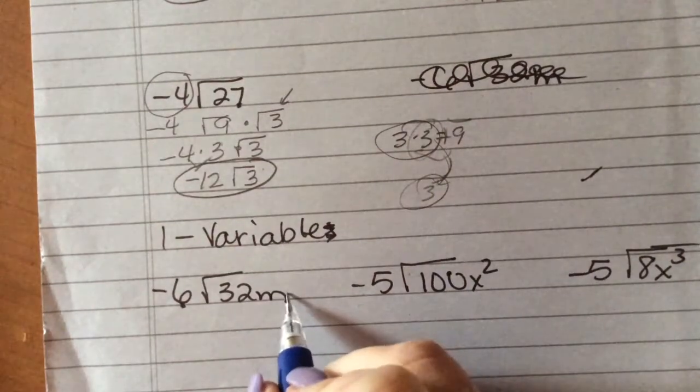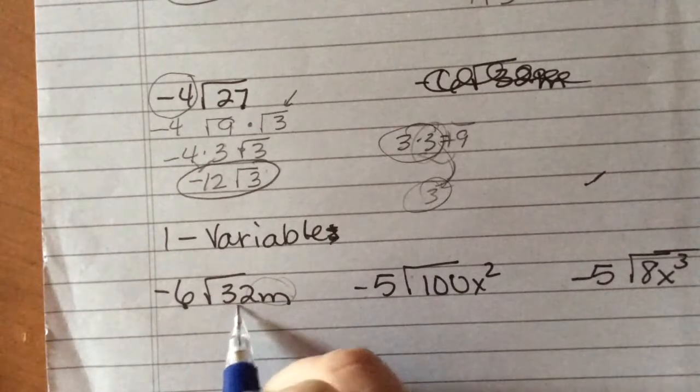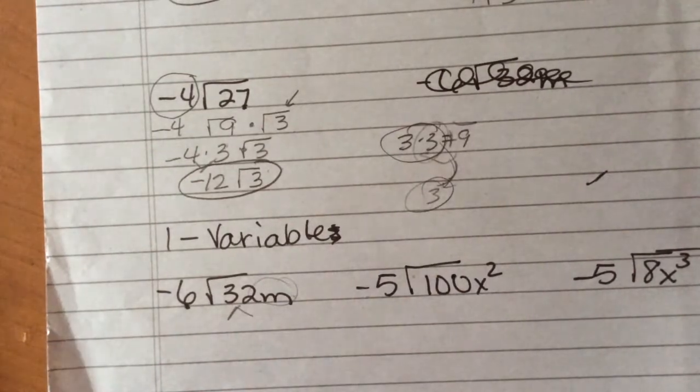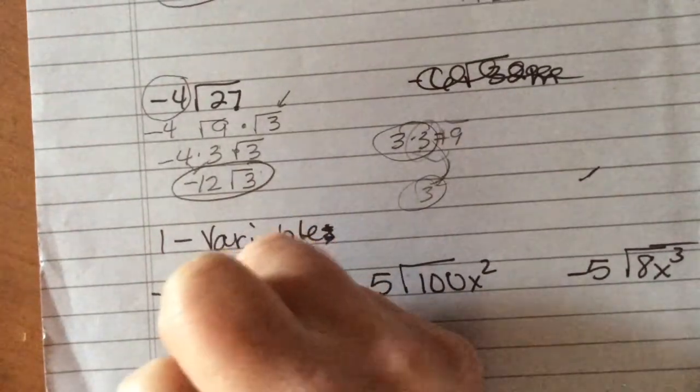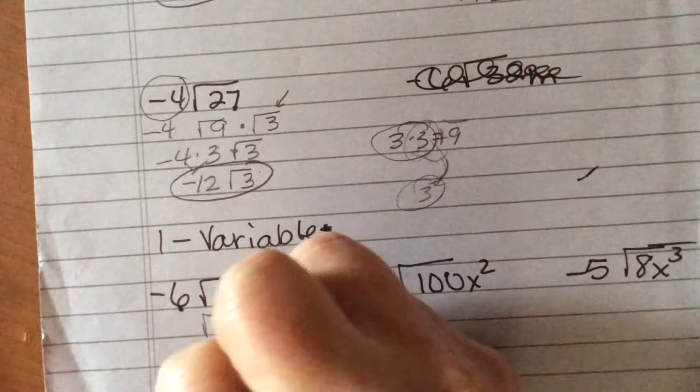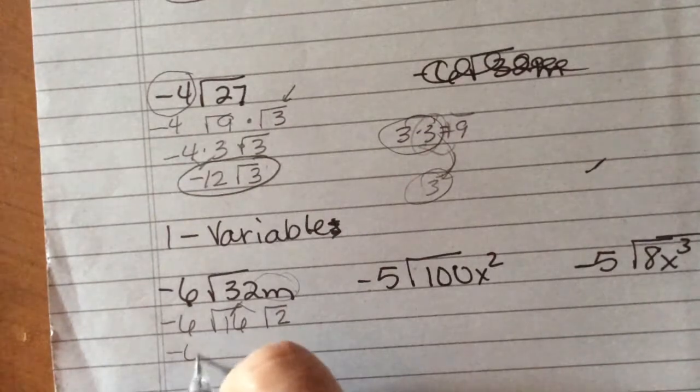Okay. In this case, it's not going to matter. There's only one m, so it's not going to matter. So look at what numbers I can pull out here. So for 32, we've already done 32 up there at the top. At this time, though, I'm going to do the square root of 16 times 2. So negative 6.